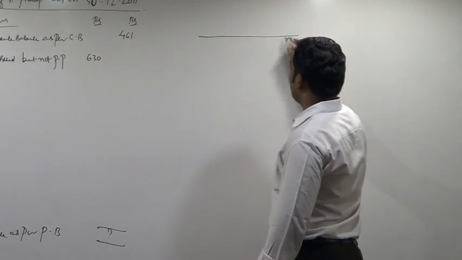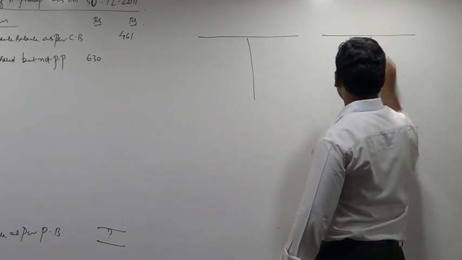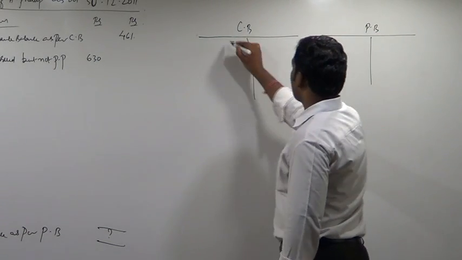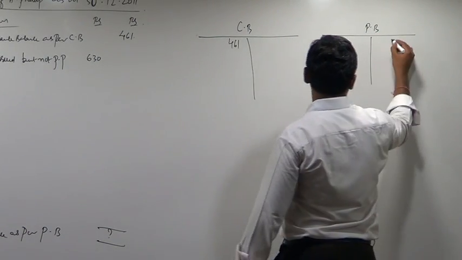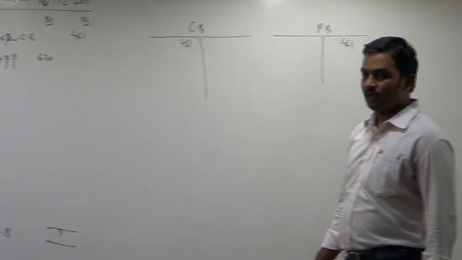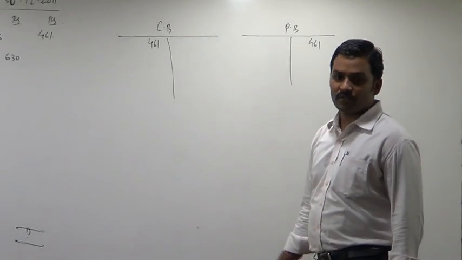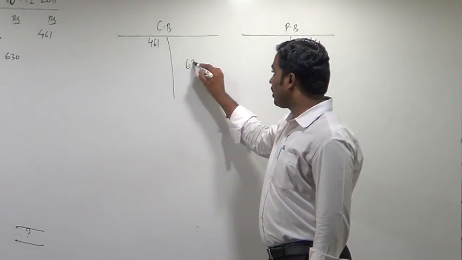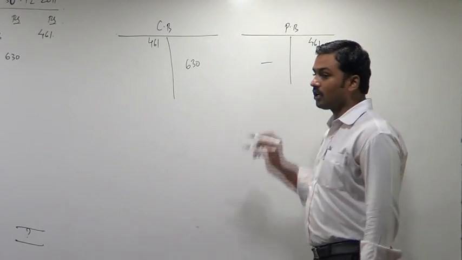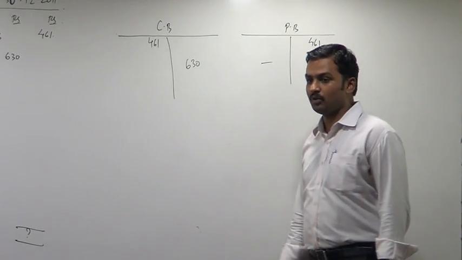Look at the board. You can start like this. Cash book, passbook. 461 debit balance, 461 credit balance. Assume. Check issued but not presented for payment: recorded on the payment side of the cash book, but not recorded on the payment side of the passbook.